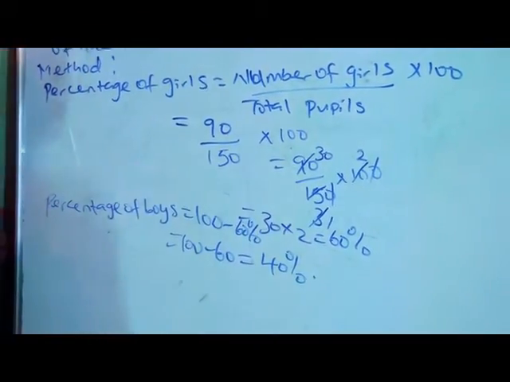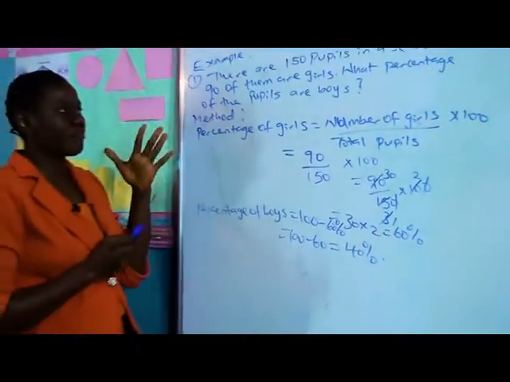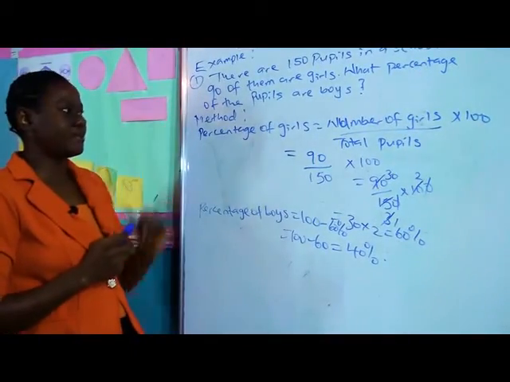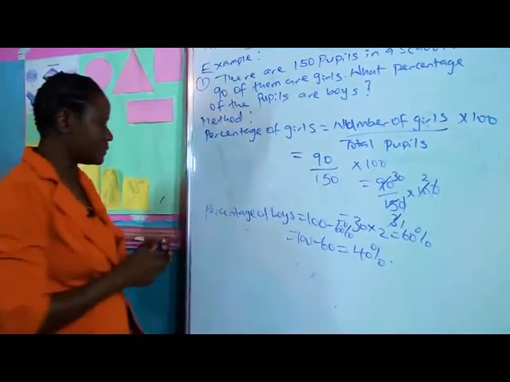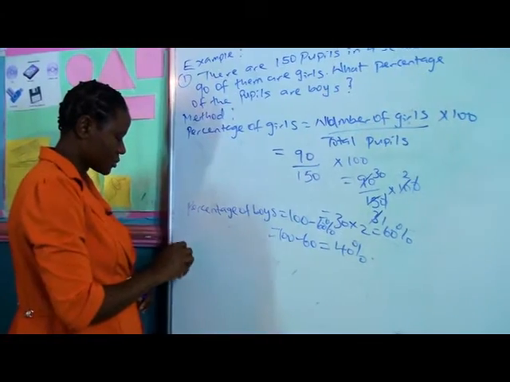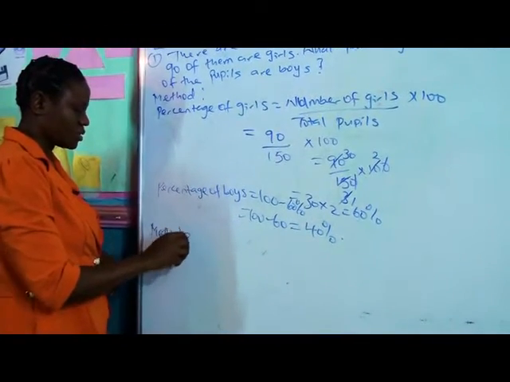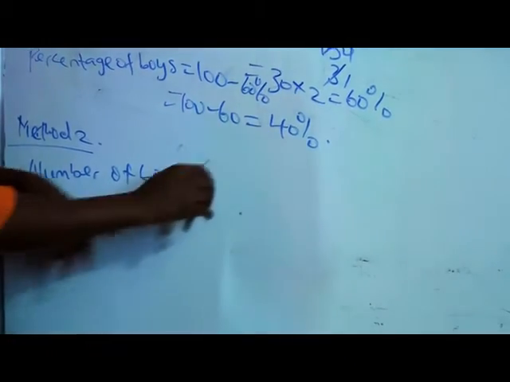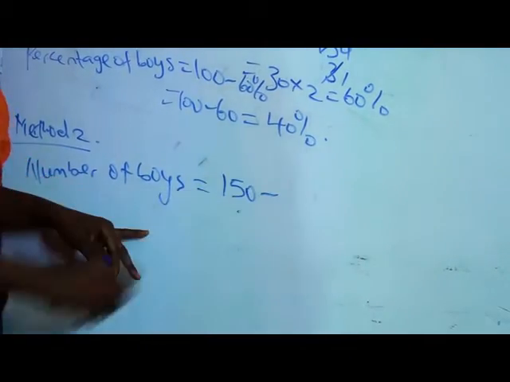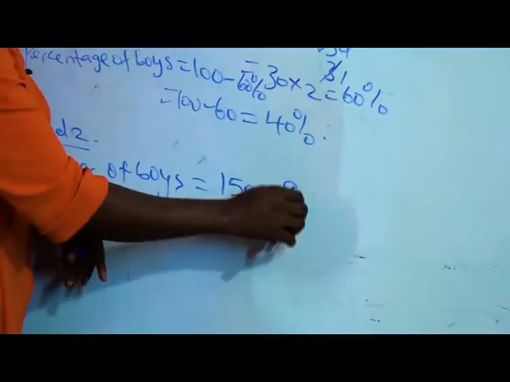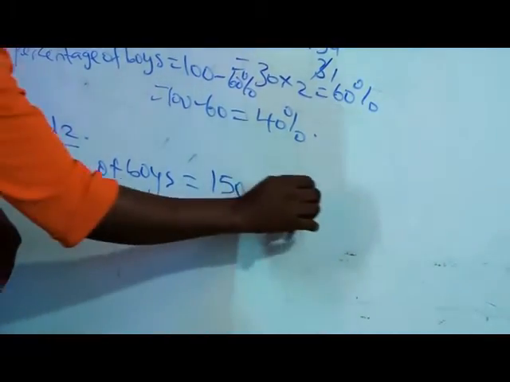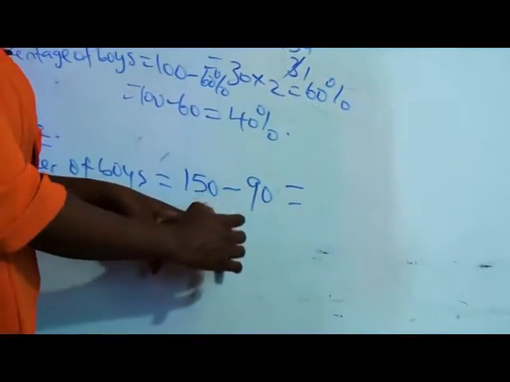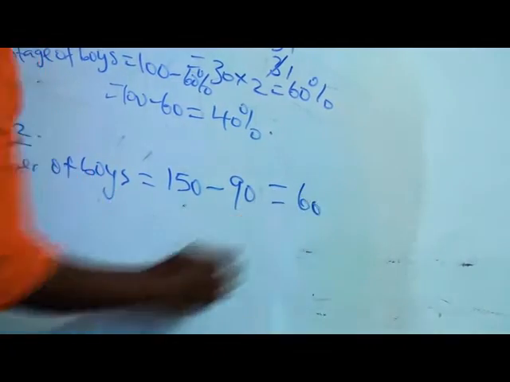Or we could do this, find the number of boys directly and then find the percentage of boys. The number of boys in this class would be 150 minus 90, which is the number of girls. Now the number of boys would be 150 minus 90, which is 60.